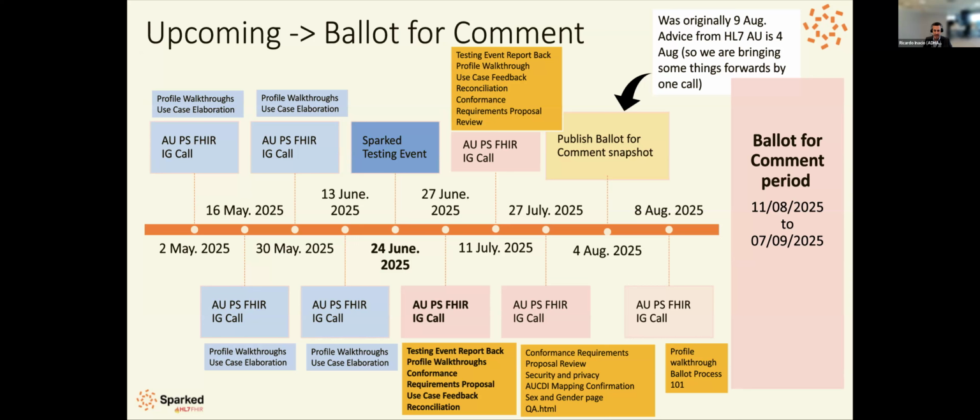And between now and then, it's really a big focus for us to ensure that we take this specification to a level that's as good as it can be. We're on the finish line to get to that ballot for comment period. So yeah, just a reminder to see where we're all sitting in this journey.